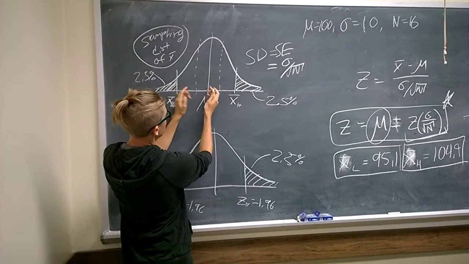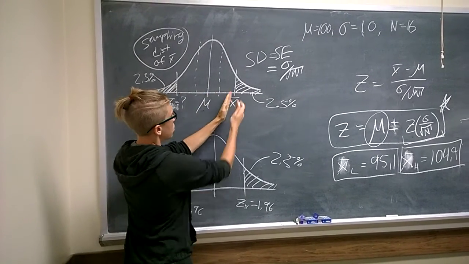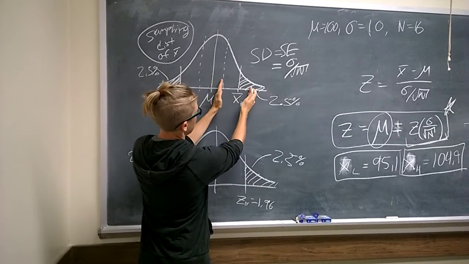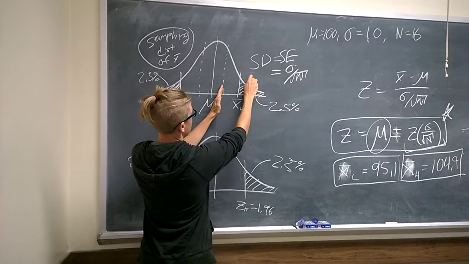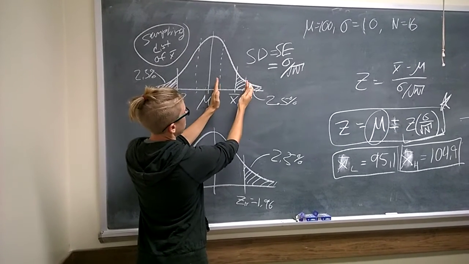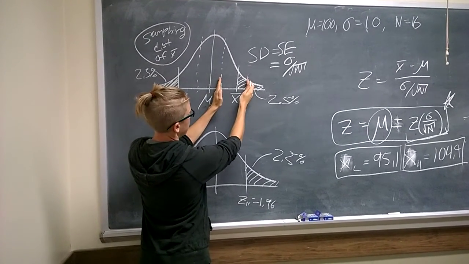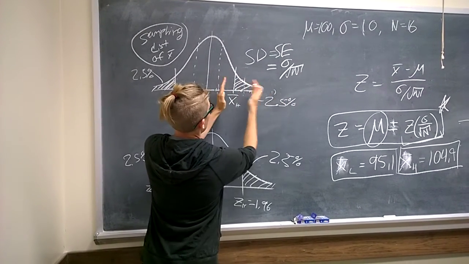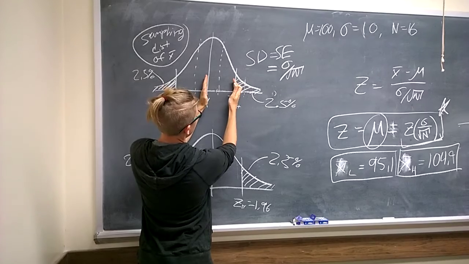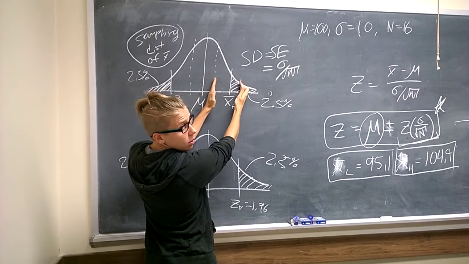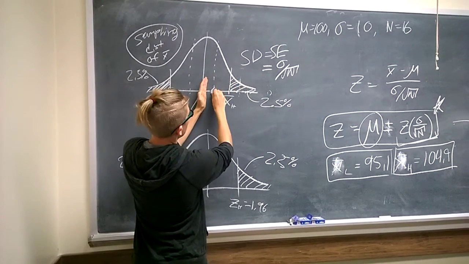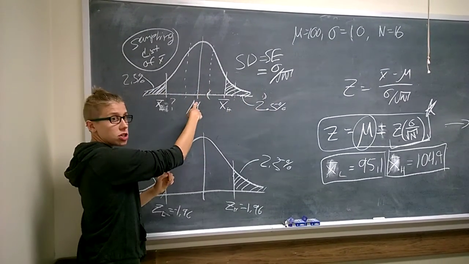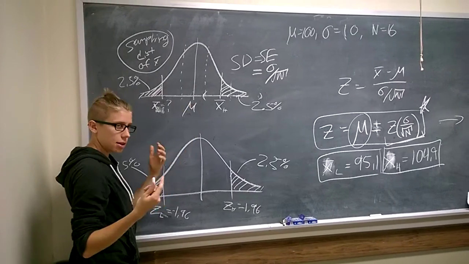So you can imagine that if we move the center to somewhere over here, the bound on this side would come out to here, and this side would come out to there. Since this distance is the same, the width isn't changing, the interval would be like that. It wouldn't contain the population mean, right? So that's kind of the conceptual interpretation.